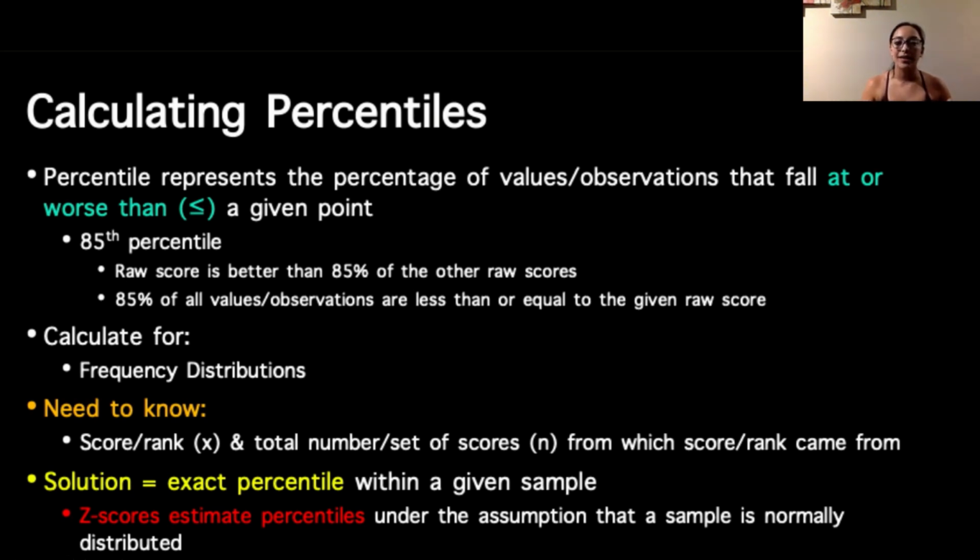When we calculate exact percentiles, we can't always make that assumption, especially if we're not testing for normality, in which case there may be some variation. Maybe you have 40% of your distribution on one side of your mean and 60% of your distribution on the other side of your mean, which is going to skew the percentile that you calculate. So exact and estimated percentiles are not always going to be exactly the same.